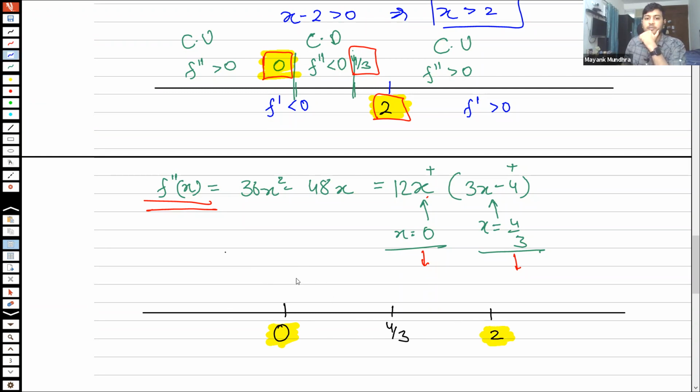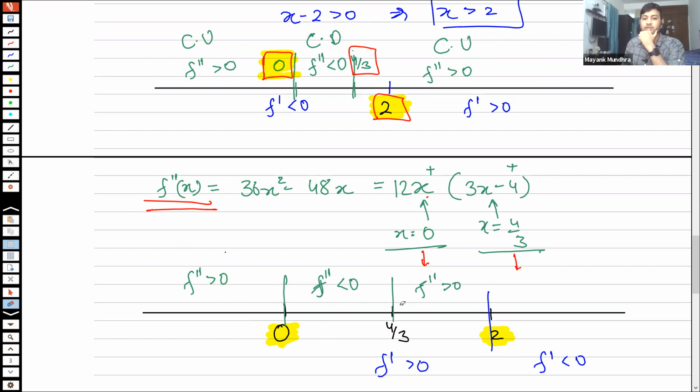Regarding my f prime, you have f prime positive here and you have f prime negative here. And regarding f double prime, you have f double prime positive, f double prime positive, and you have f double prime negative here. Okay, so now let's focus on 0 first.